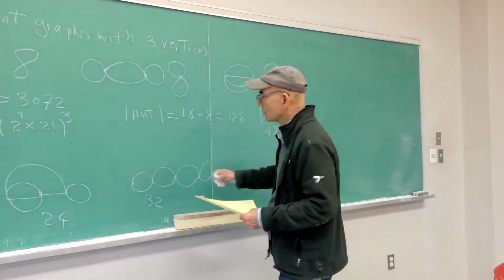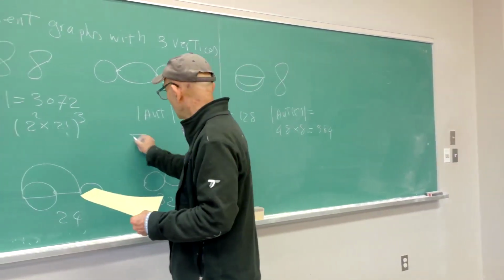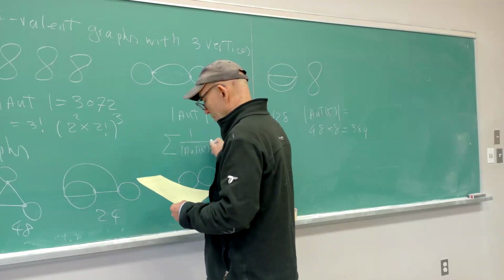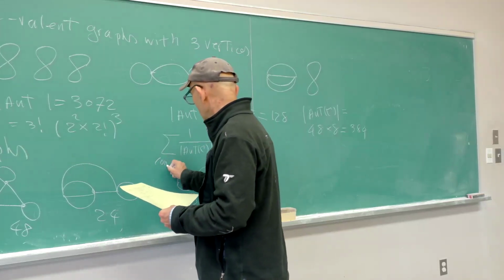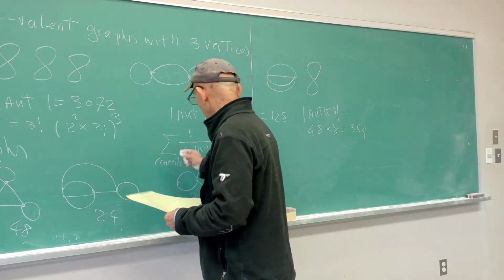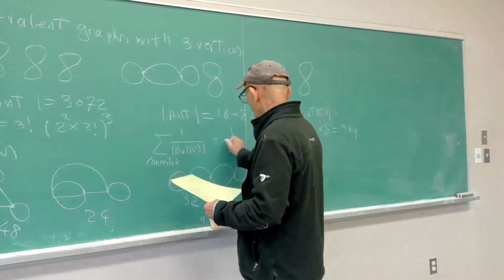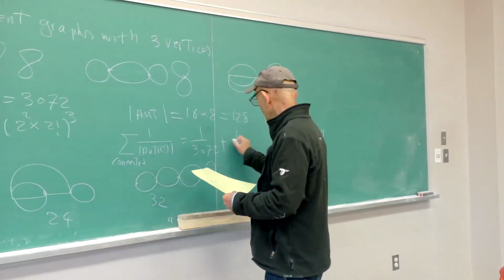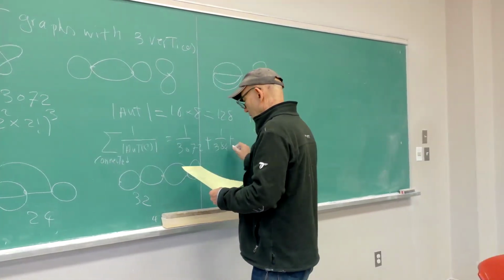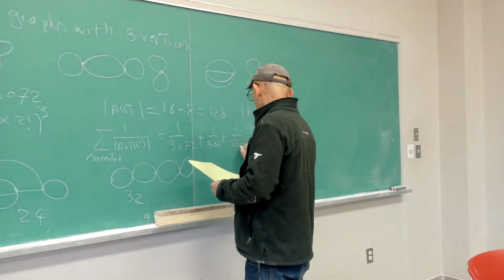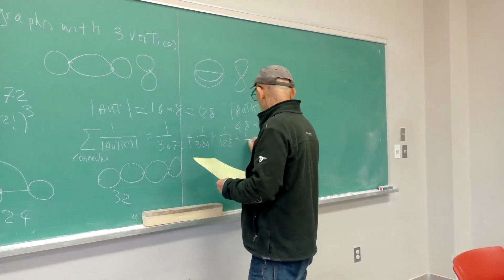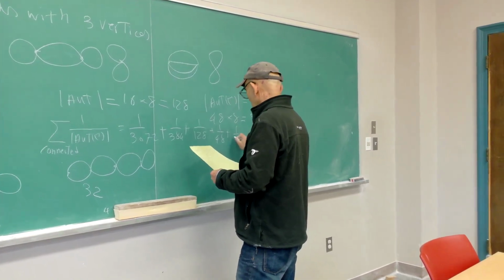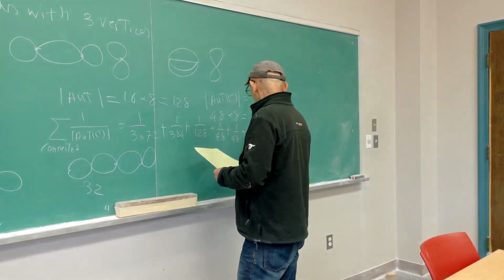So here I just write the sum of 1 over the order of gamma, sum over connected ones. This is 1 over 3072 plus 1 over 384 plus 1 over 128 plus 1 over 48 plus 1 over 48 again plus 1 over 24.